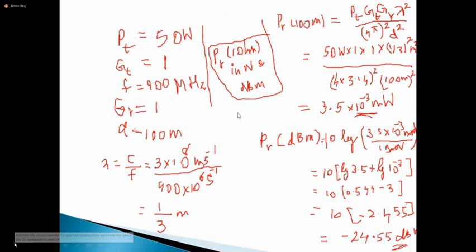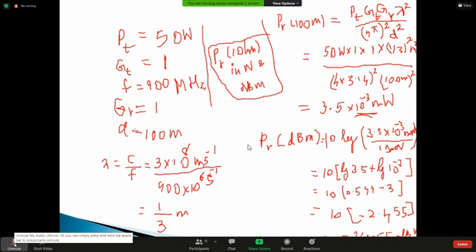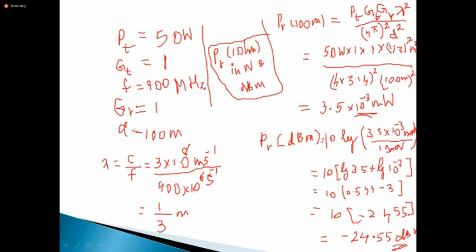So I'll wind up the lecture from here. But calculate PR, received power. I have written in the slide. Calculate received power within brackets 10 kilometers.